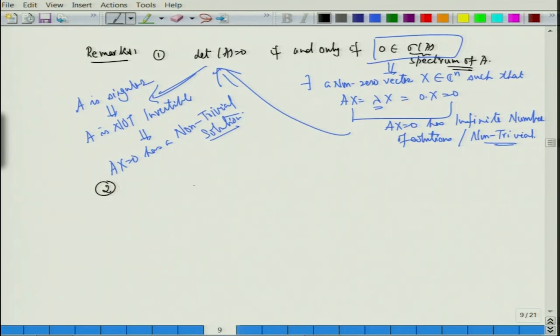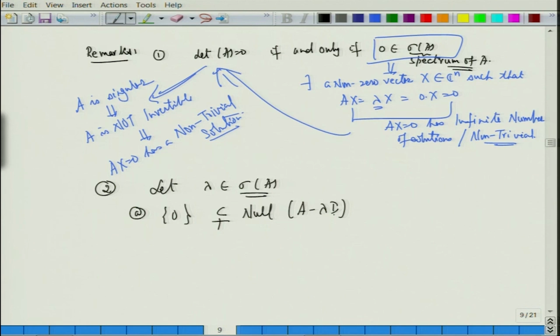Remark 2. Let lambda belong to sigma of A, where sigma of A means the spectrum of A. Then the zero vector is properly contained in the null space of A minus lambda I, because there is at least one non-trivial solution.